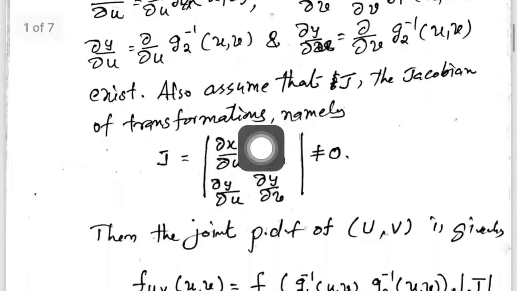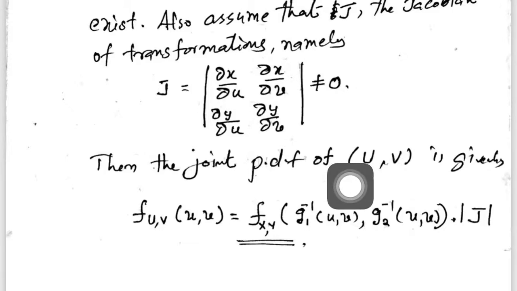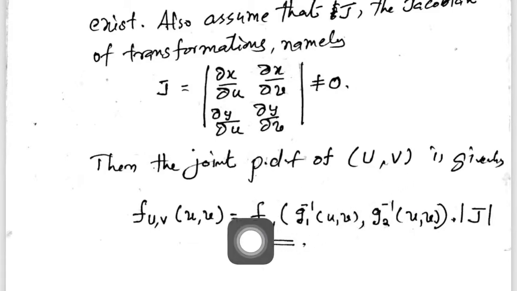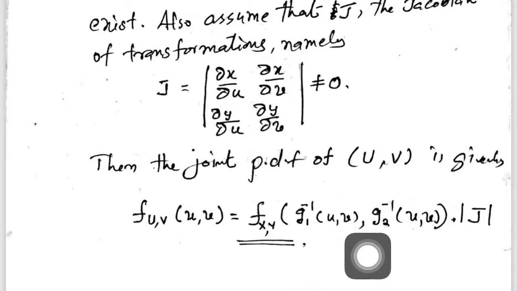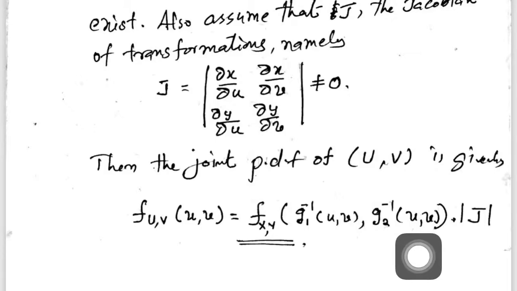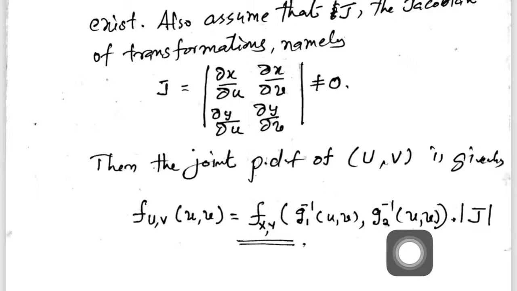In order to find the joint distribution of the transformed variables u and v, we have to multiply the modulus of the Jacobian with the joint density of x and y with the arguments g1 inverse of u, v and g2 inverse of u, v, which are in terms of u and v.